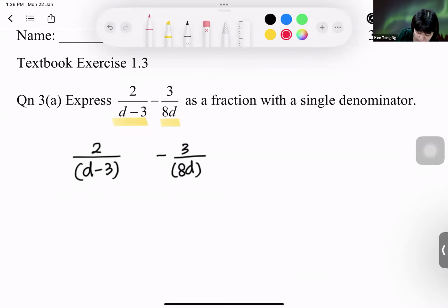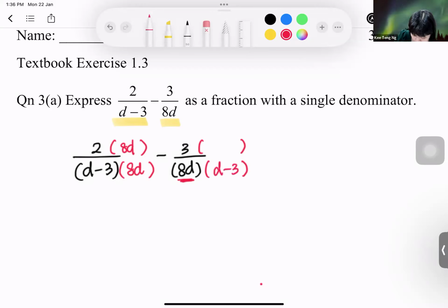I need to multiply the first fraction with the denominator of the other fraction. So I need to multiply 8d to make sure that they have the same denominator. I also need to multiply the other denominator by the missing factor, which will be d minus 3.